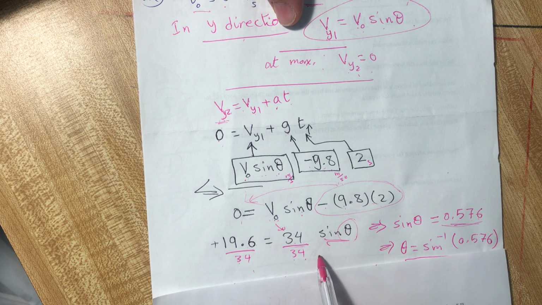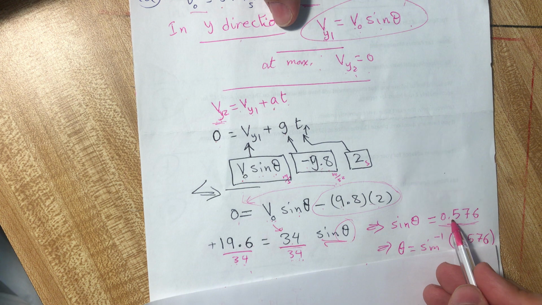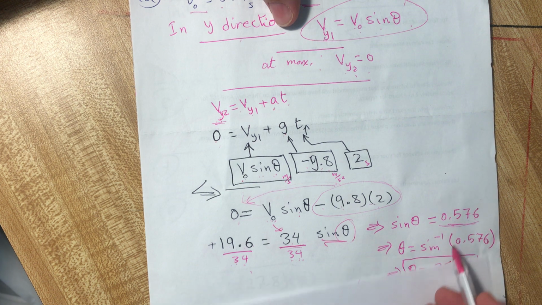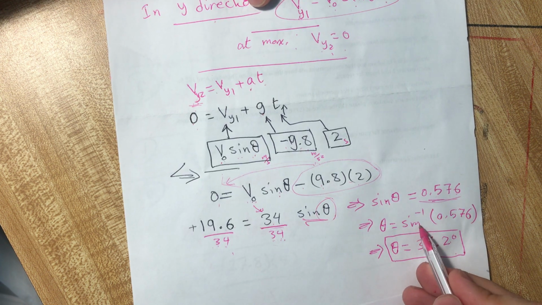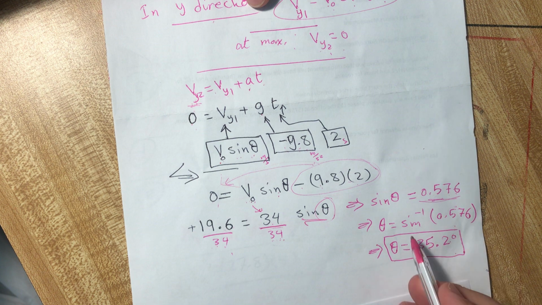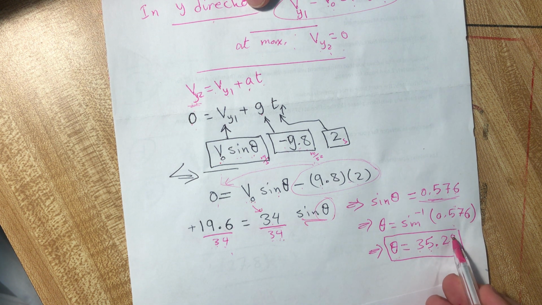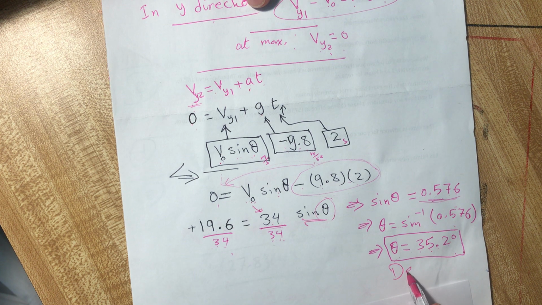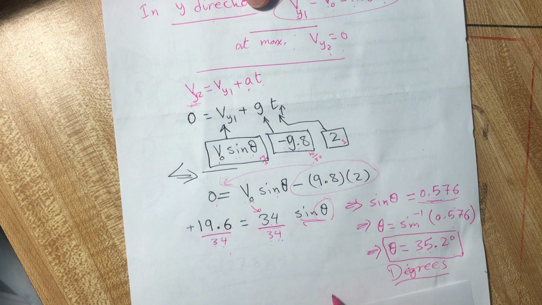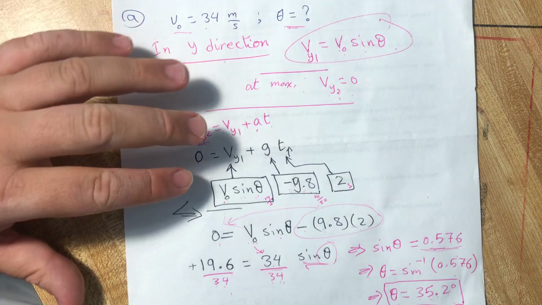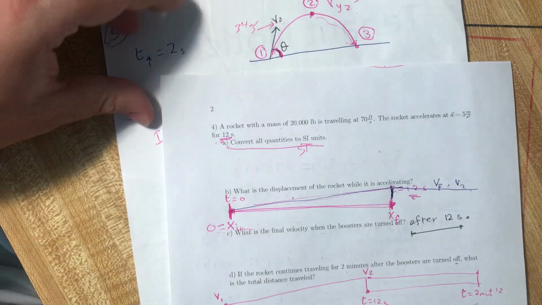We need to find theta, so we divide over 34. So sine theta is equal to 0.576. Theta is equal to sine inverse of this value, and we can find easily that theta is equal to 35.2 degrees, not in radians. Be careful with that in your calculator. This is part A.